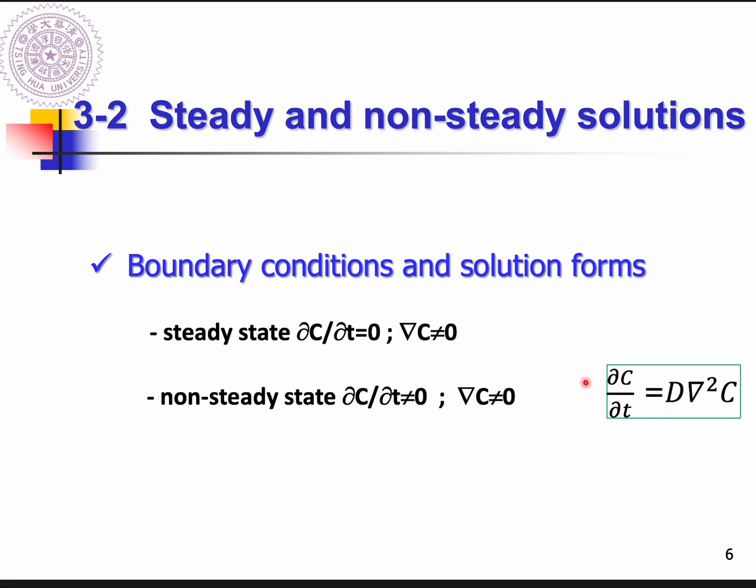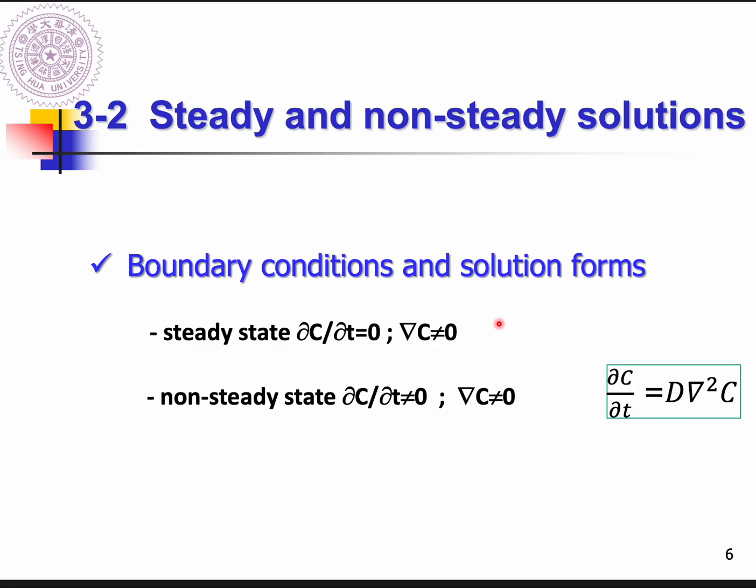So it's consistent. We have a concentration gradient, we have a driving force, but the concentration profile does not change with time. That means there's no accumulation of atoms. And the non-steady state means the concentration profile does change with time. And under this situation, we also have a concentration gradient and a driving force.